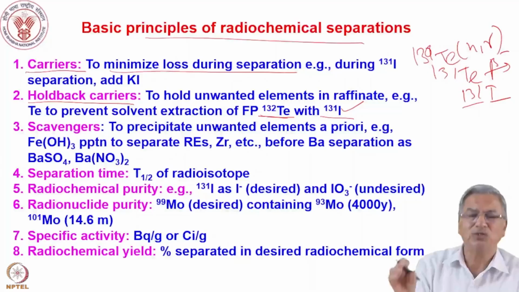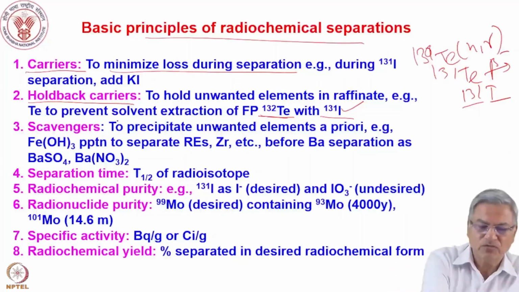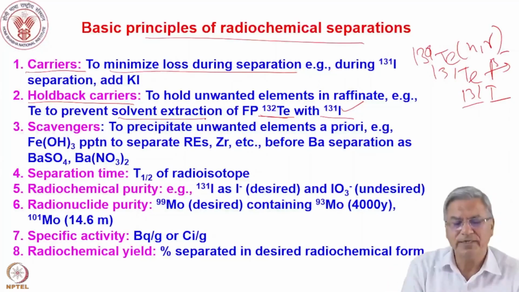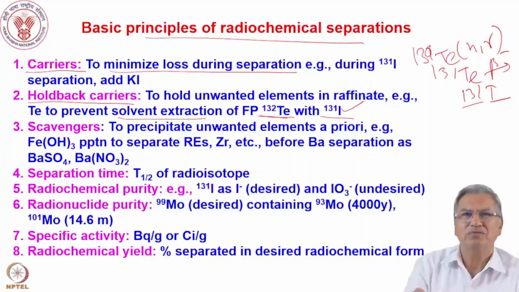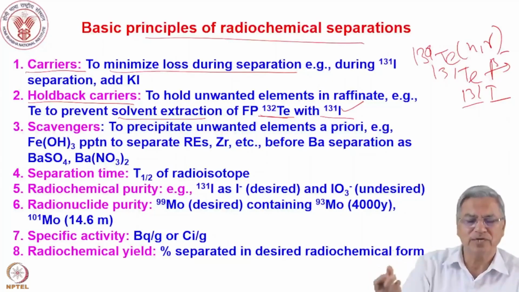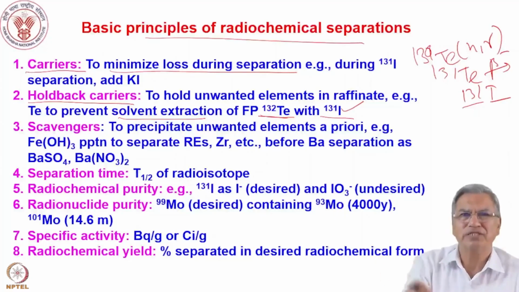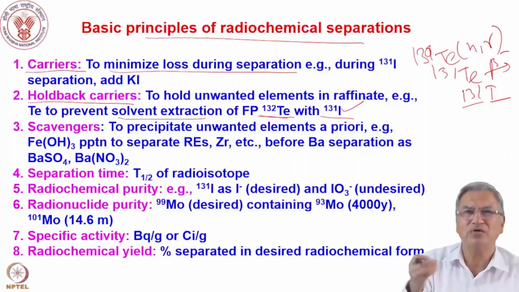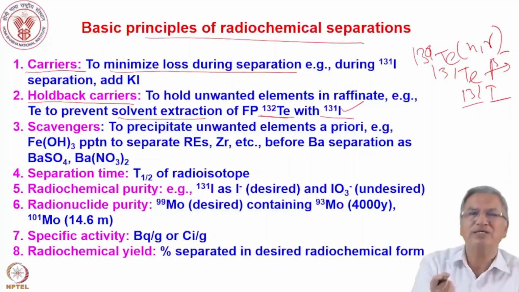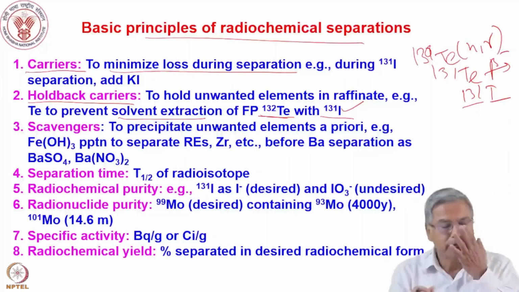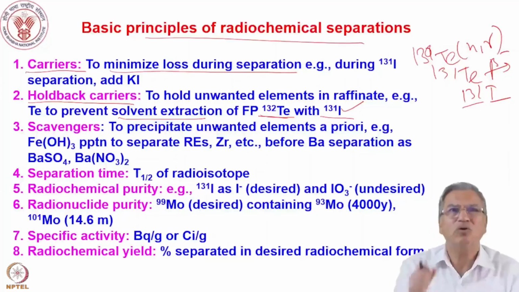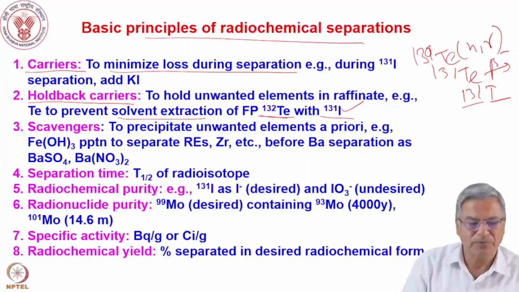So to prevent that adsorption, or you may do solvent extraction of iodine in carbon tetrachloride, to prevent the carry forward of tellurium in that extraction, we use some stable tellurium, telluric acid we can use, so that the isotopes of tellurium which are radioactive also remain in the raffinate. So these are holdback carriers; they hold the radioisotope in the place where we don't want them to carry along with the separation.